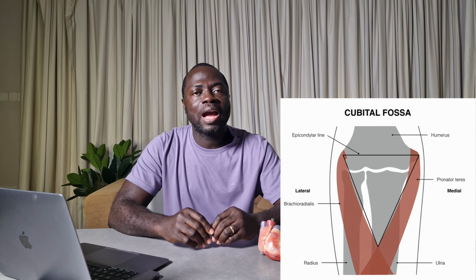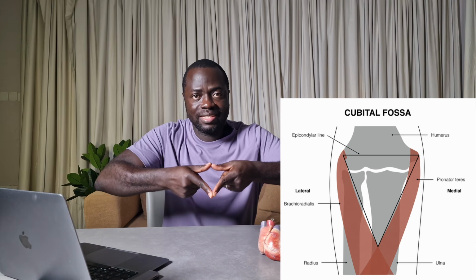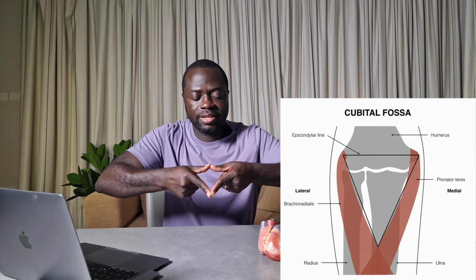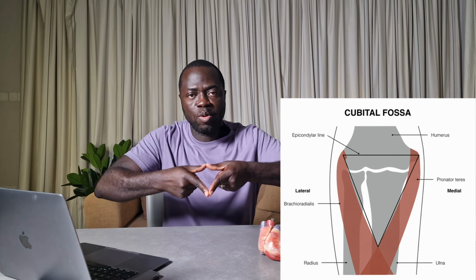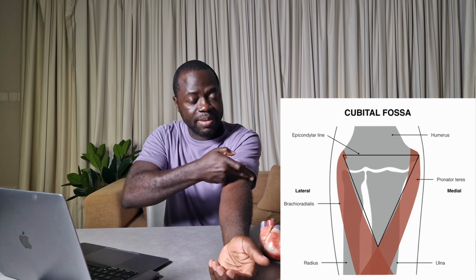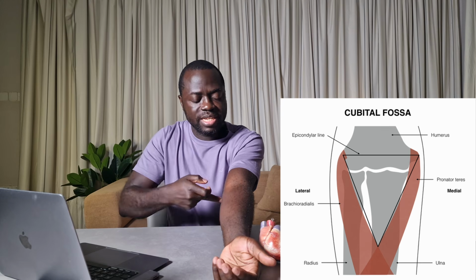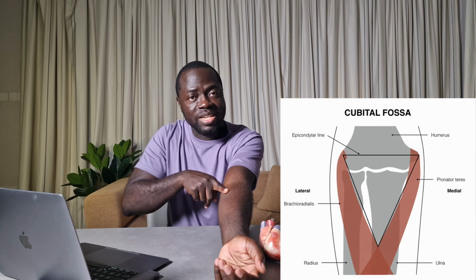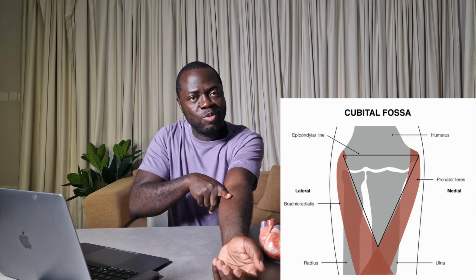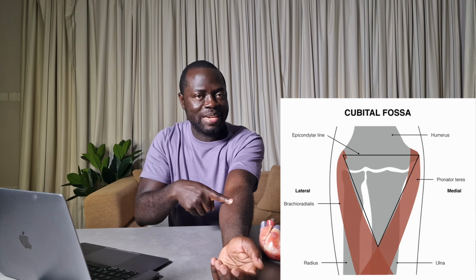So we'll now talk about the range. All right, the cubital fossa is triangular in nature. So there's a base, there's the medial border and the lateral border, right? So right here, the base is an imaginary line between the medial and lateral epicondyles. And then we have the medial border formed by the pronator teres muscle, and then the lateral border formed by the brachioradialis.